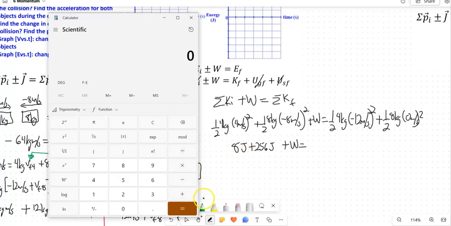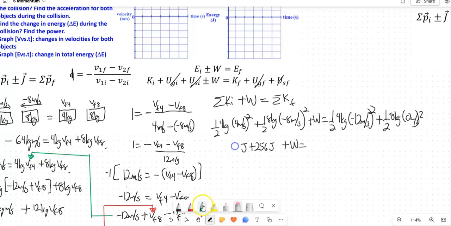This should be 16 times 2, which is 32. So this should be 32 joules. Okay. And again, this is 144 times 2, so that's going to be 288 joules. Glad I double checked that.